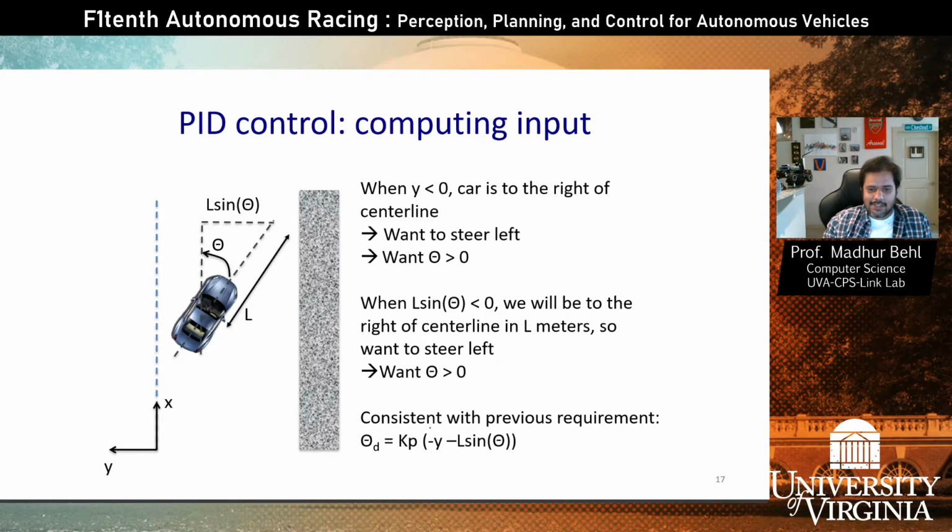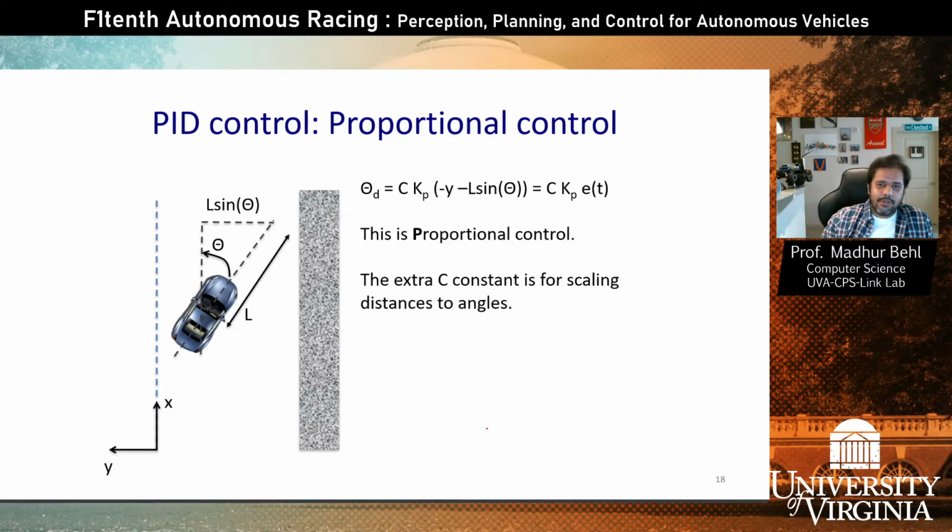Because in this case, both the y and the L sine phi would be negative themselves, so this expression would be positive. Okay, so in a nutshell, we want our correction proportional to the error. So that's why we can say that my steering is some constant of proportionality times the error itself.